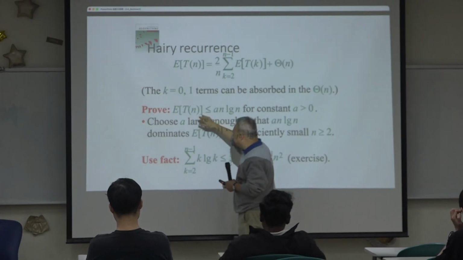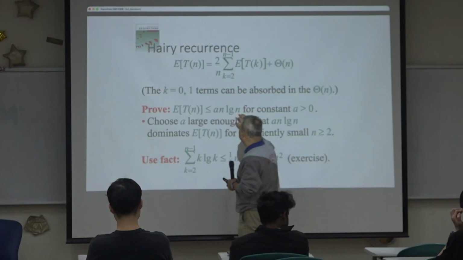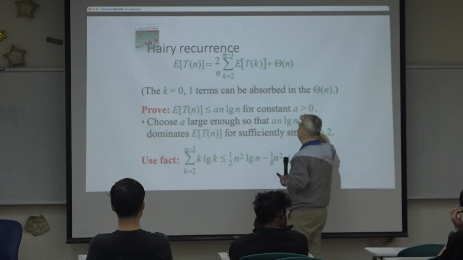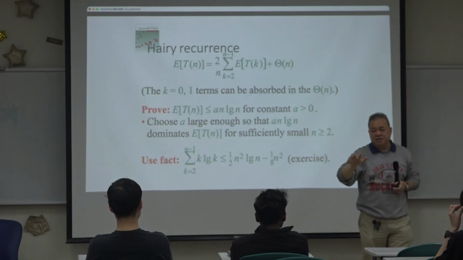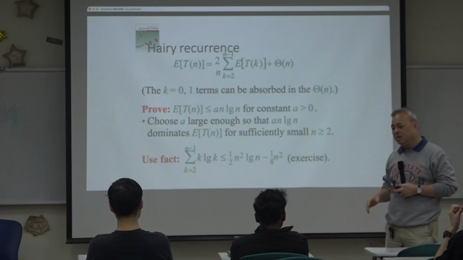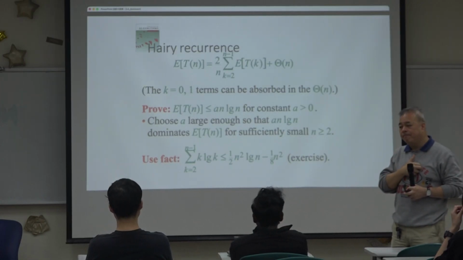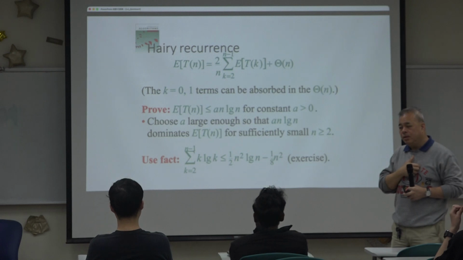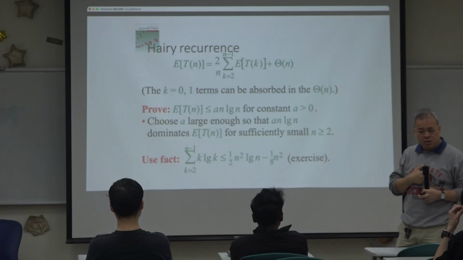We want to prove this one is bounded by a n log n, for a constant a greater than 0. That's our purpose. So how do we do that? We prove that by induction.